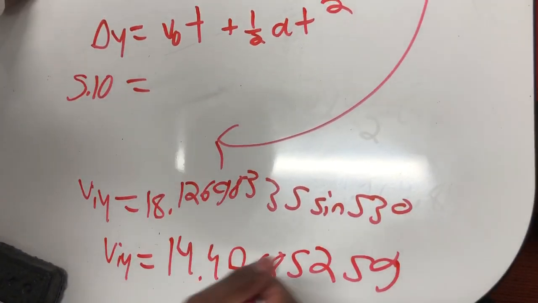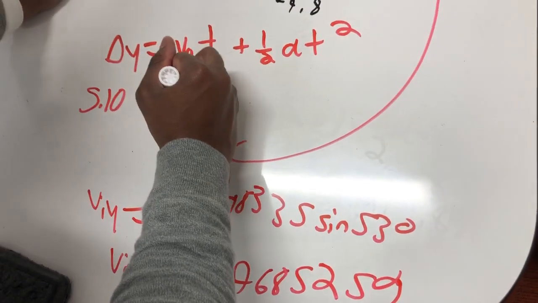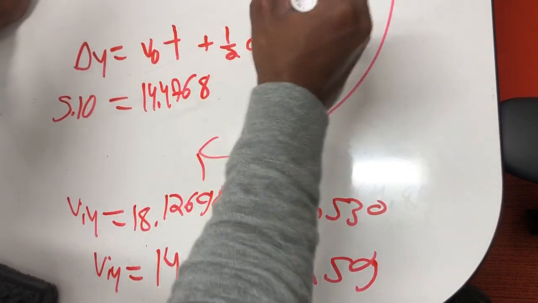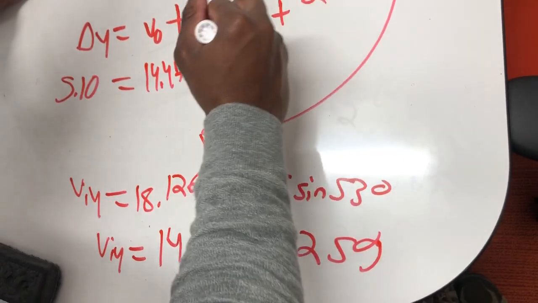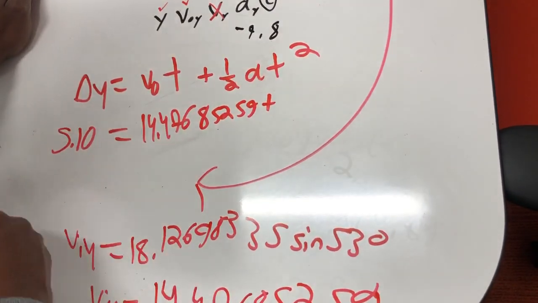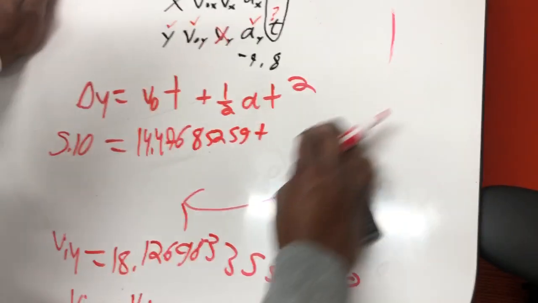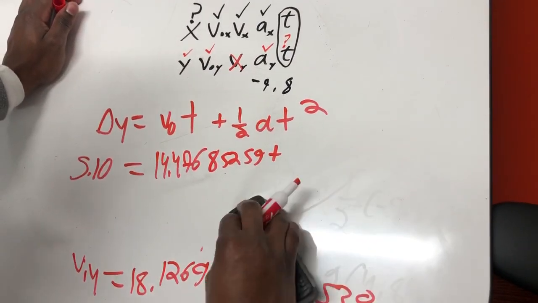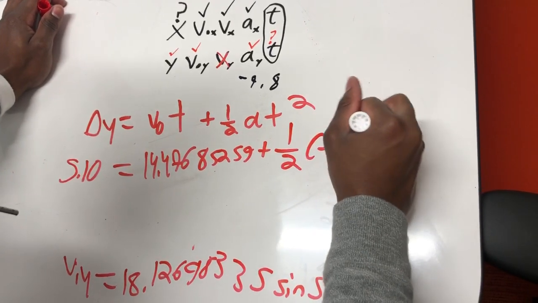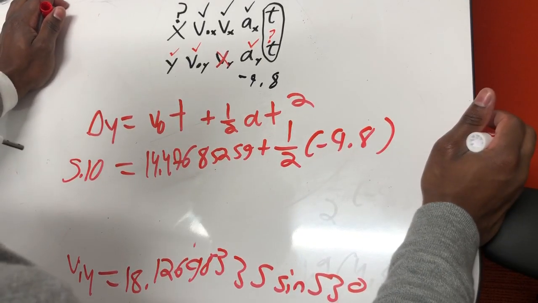Then this is that, plus my 1/2 negative 9.8, and then t squared.